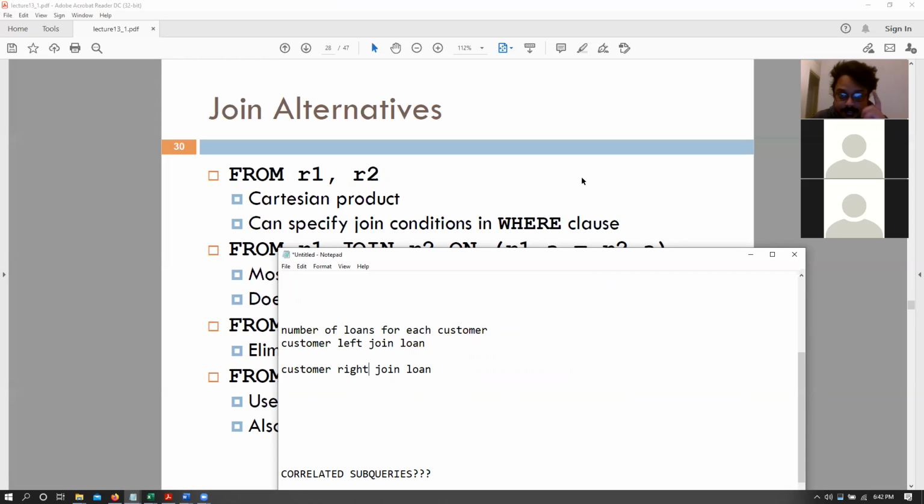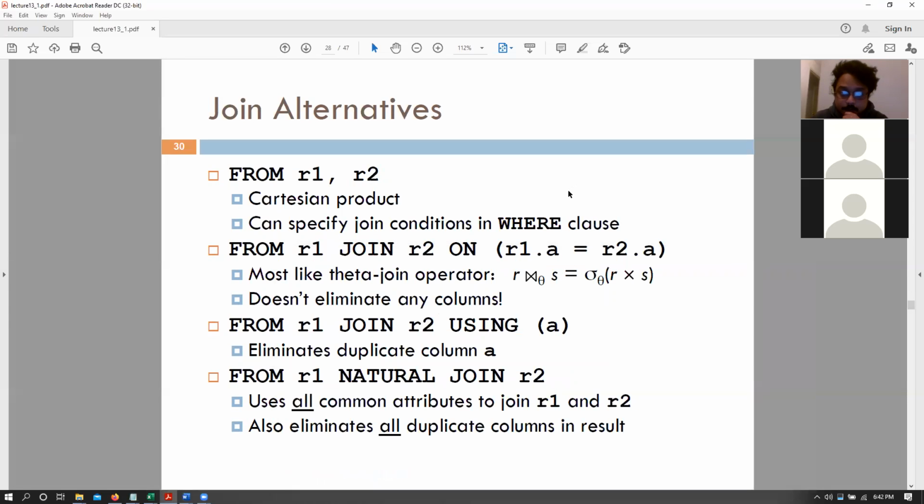Okay, so this is the thing that I thought you guys would be a bit confused about. So whenever we say that something is a natural join, we are saying that for all common attributes in R1 and R2, we are going to use those attributes to eliminate duplicates, right?